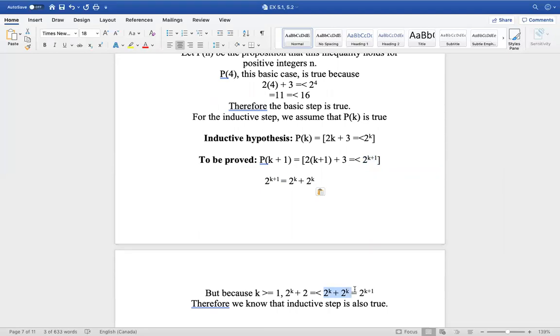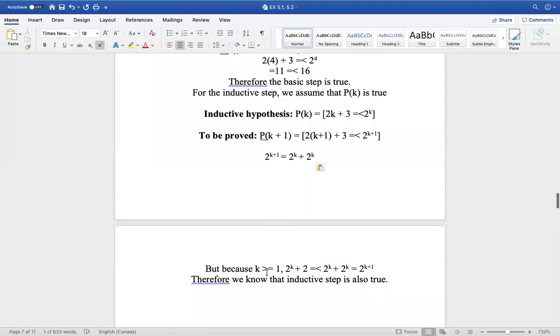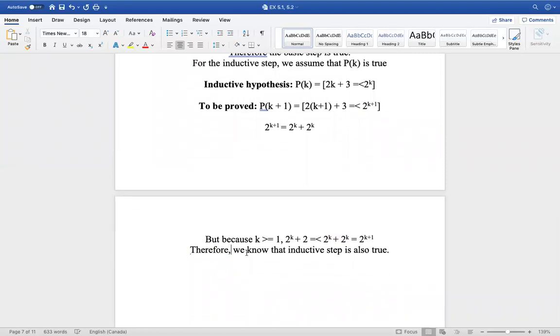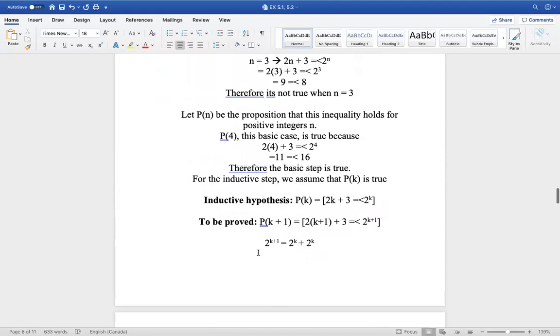And then we said that this is less than or equals to 2 to the power of K plus 1, the left hand side. Therefore, we know that our inductive step is also true.